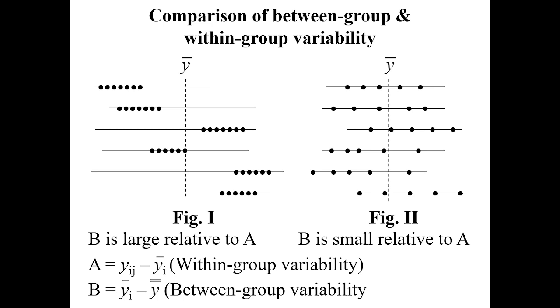In the left hand panel, figure 1, the observations within each group are very close, as against figure 2, where the observations within each group are widely scattered. It tells us that within group variation is very small in figure 1 as compared to figure 2.